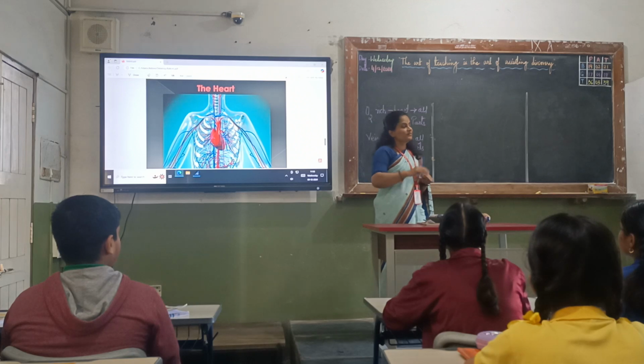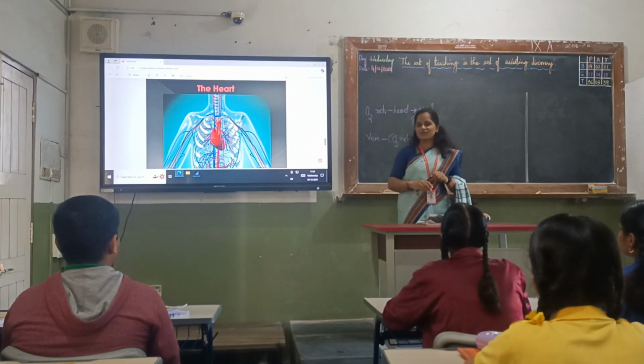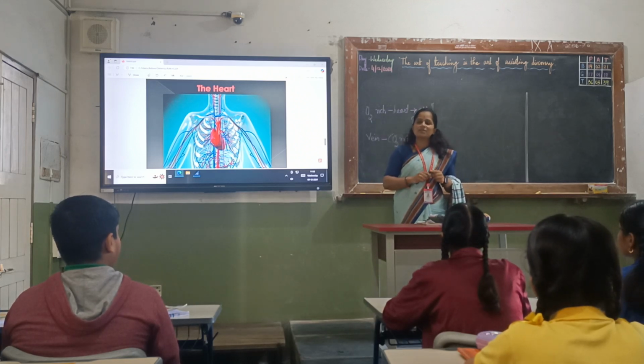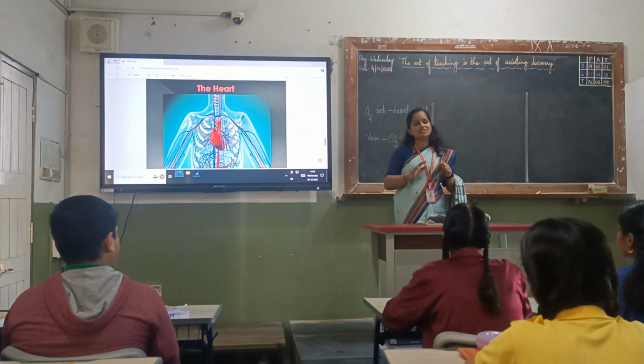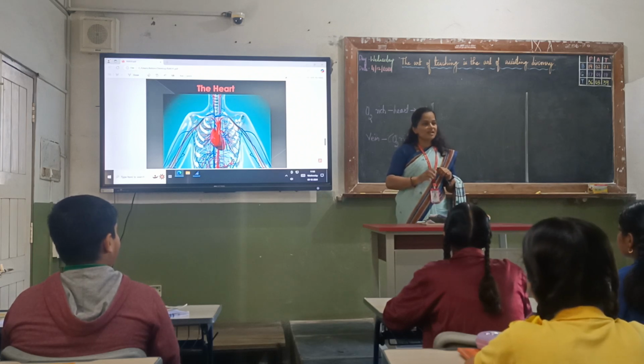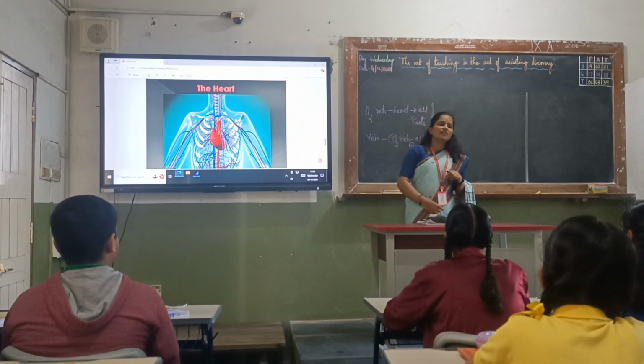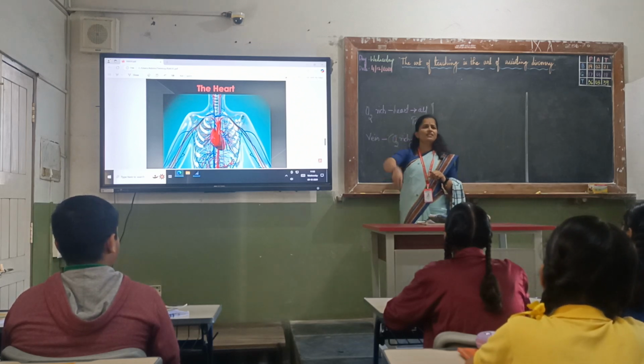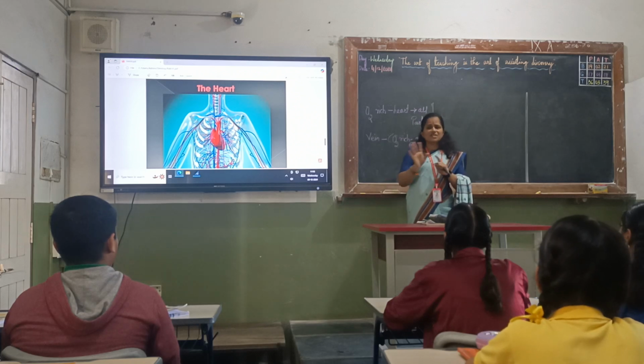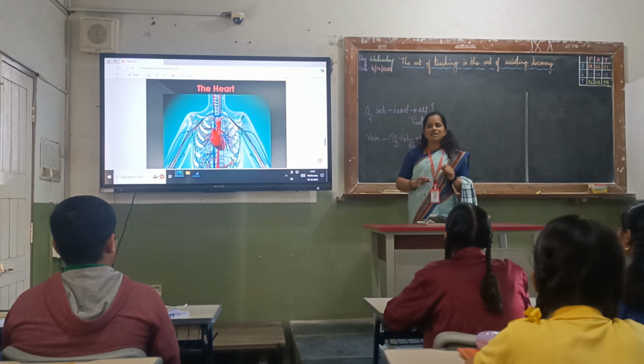Very good. Because of that reason only, whenever doctors keep their stethoscope, towards which side do they keep? Left. Understood why? Because the heart is not situated exactly in the middle. It is in between the lungs, slightly towards the left side.